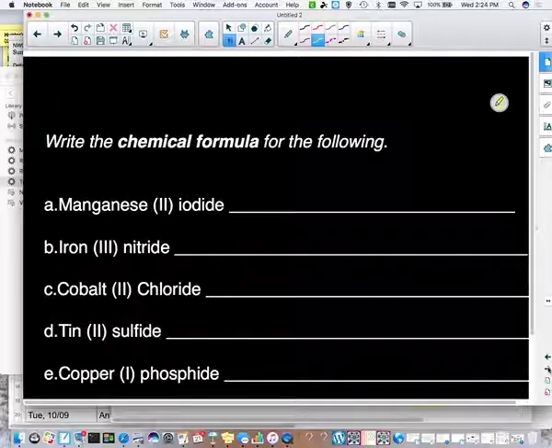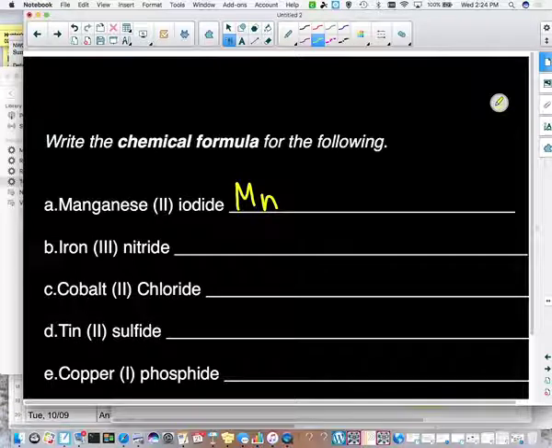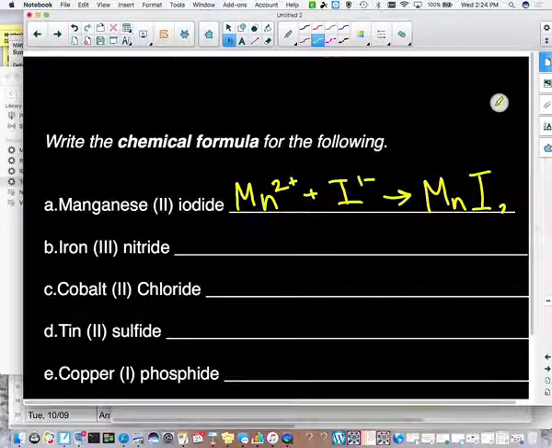So, letter A. Manganese is Mn with a +2 charge. Iodine is I with a -1 charge. We balance our charges. Crisscross. So you need 2 iodines.